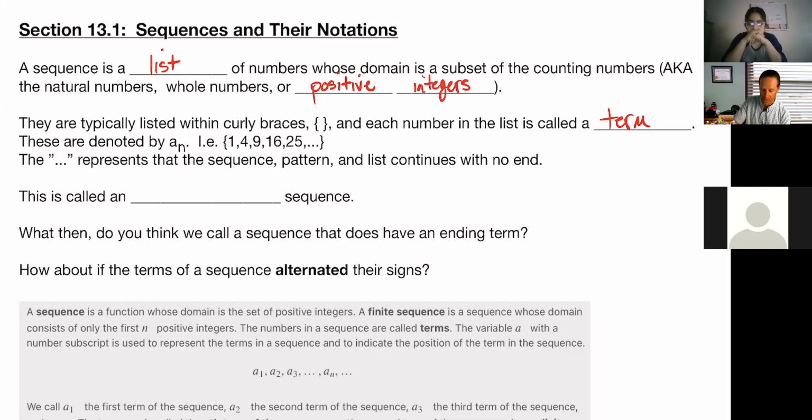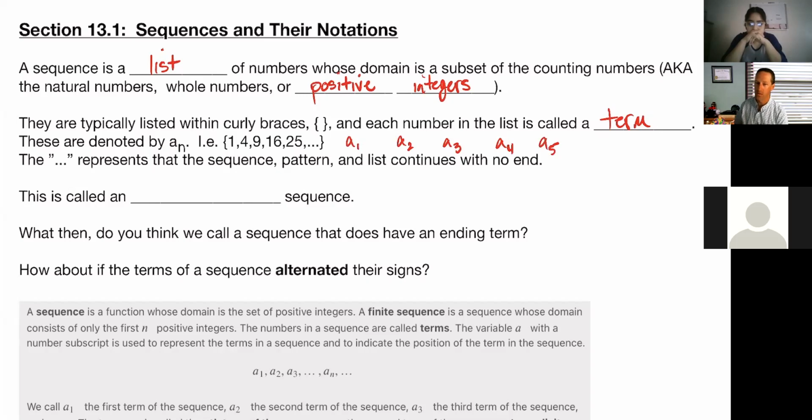And we'll denote each and every one of these terms because they can be anything. They used A, and the subscript down here below, N, for any term. So that first one would have been A1, A2, A3, A4, A5.